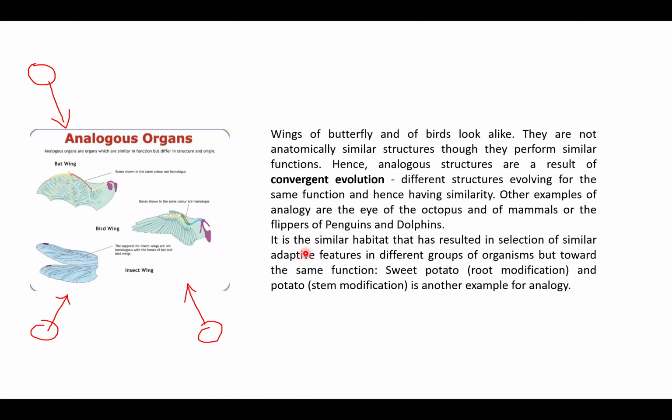There, since it is originating from a single ancestor and going toward performing different functions, they are called homologous organs, and these, doing the same function, are called analogous organs.